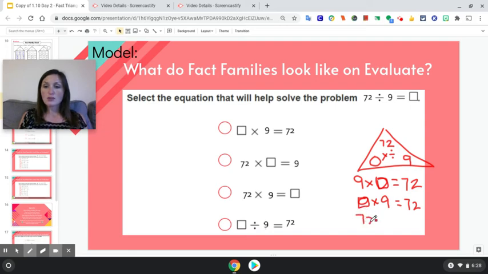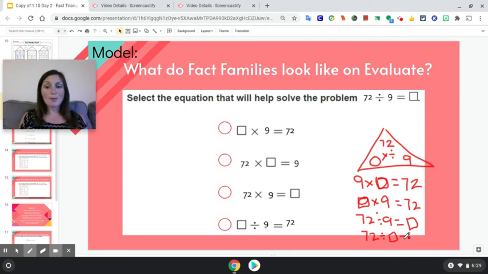And then I know that it would be the division next. So 72 divided by 9 equals, we don't know, right? That's what the actual problem is that Evaluate wants us to know. And the other one would be 72 divided by, we're not sure, which would equal 9.